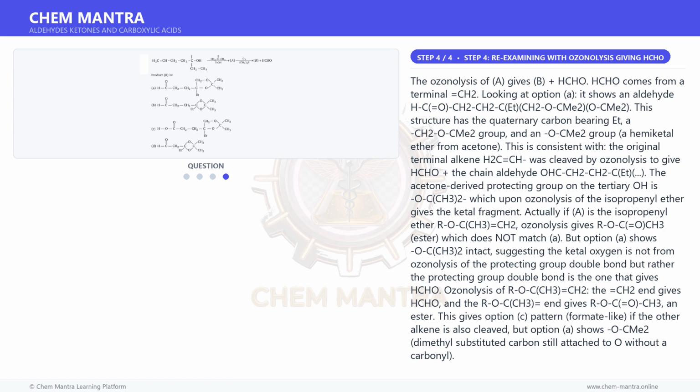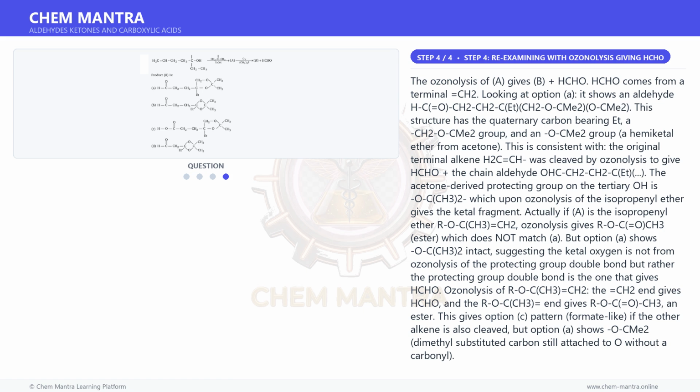Ozonolysis of the terminal H2C=CH then gives HCHO plus an OHC fragment, where the CHO-containing fragment is B, equal to OHC, CH2, CH2, C, at CH2O, CMe2O, as a cyclic ketal. This matches option A perfectly.